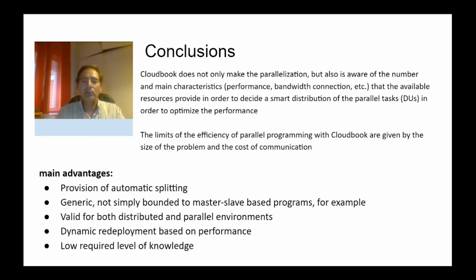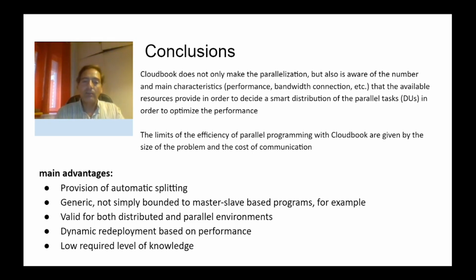So the main advantage is the provision of automatic splitting, generic, not simply bound to master-slave based programs, because it allows communication with each other, not only master-slave communications. It's valid for distributed and parallel environments, and it's able to dynamically redeploy the software when one machine stops or new machines are added to the cycle of machines in execution.